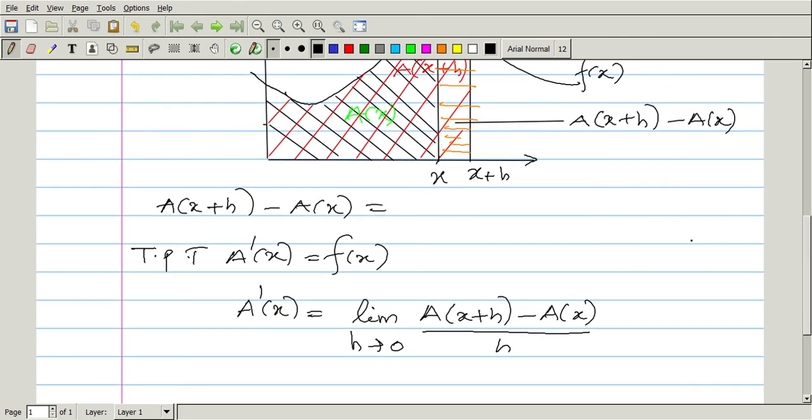If you consider that particular rectangle, this is x and that is x plus h.